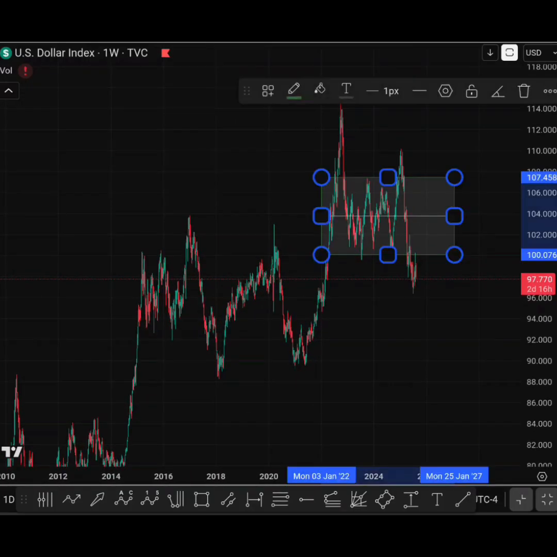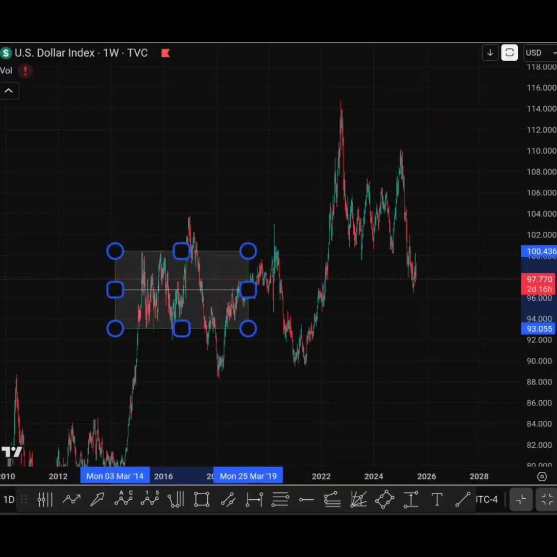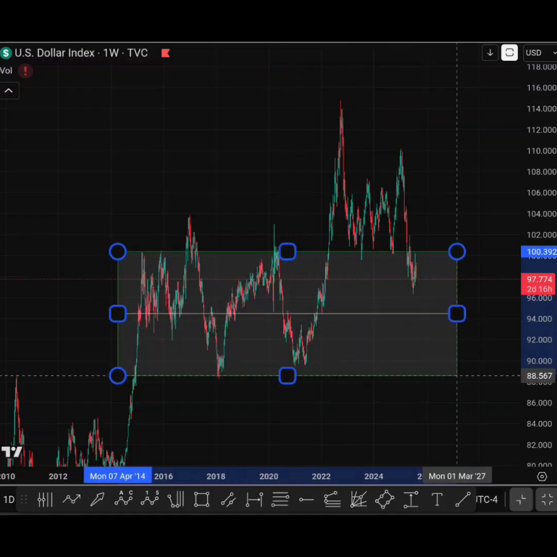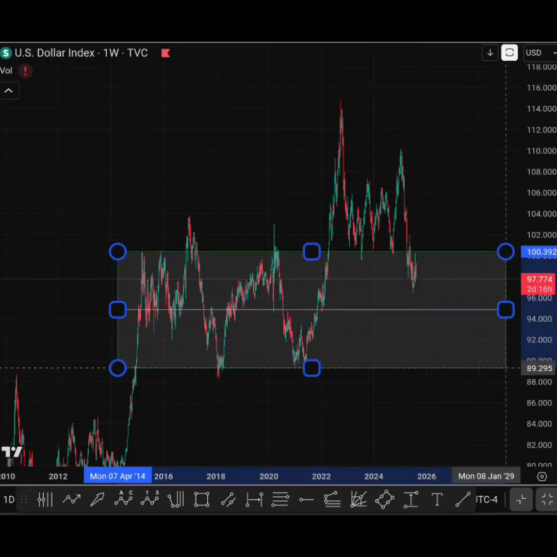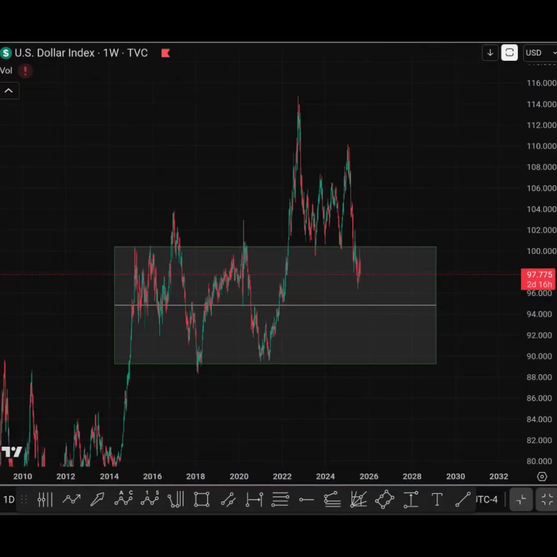But something that I've noticed, and I was always cautious of, is putting the range over here. This looks like an upthrust after distribution. If this is your range and the dollar was going to remain strong, it should have stayed above this range and not broken back into it.